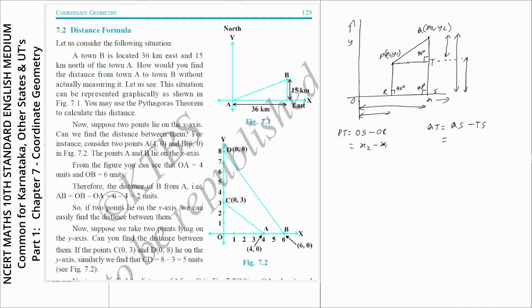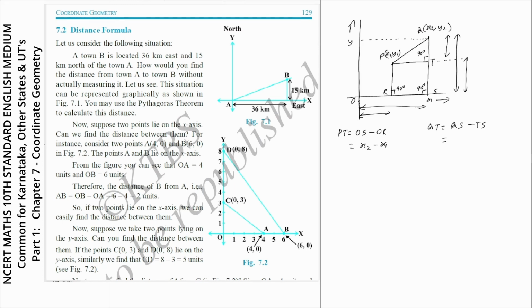Now what is the length of QS? See, the coordinates of Q are x2, y2. Therefore QS is nothing but y2.